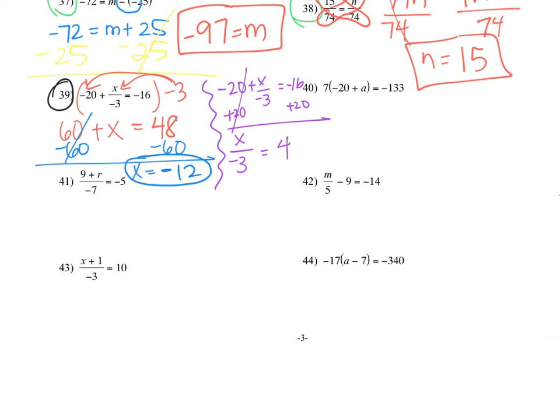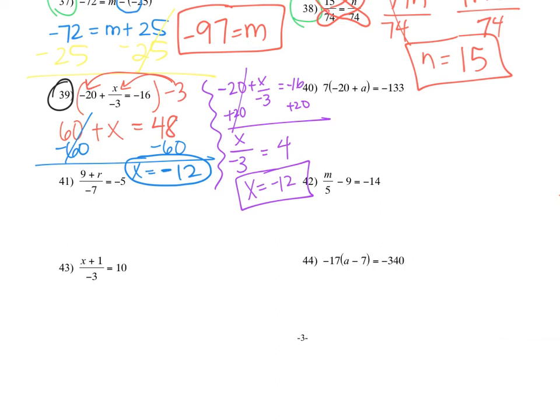So I'm going to multiply both sides by negative 3, and my answer would still be negative 12. So it doesn't matter how you do it as long as your logic and reasoning goes with the rules of mathematics and order of operations, of course. So I think you're okay.